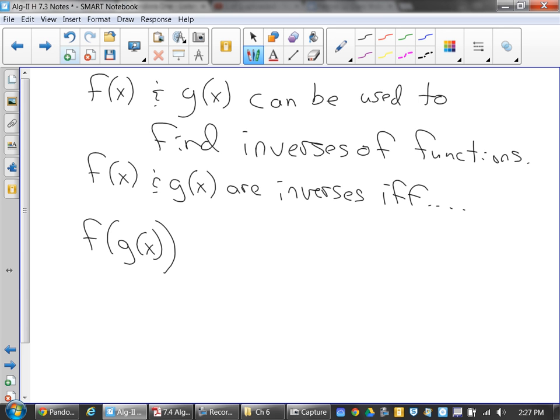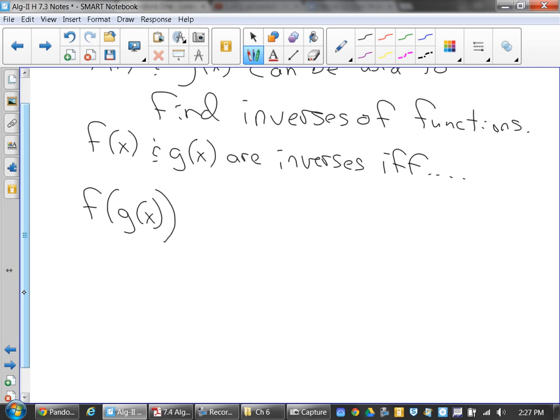Remember that? All right. If these two things happen, if f of g of x, when you substitute those together, you get x, and g of f of x also equals x, if those two things occur, then they're inverses of one another.